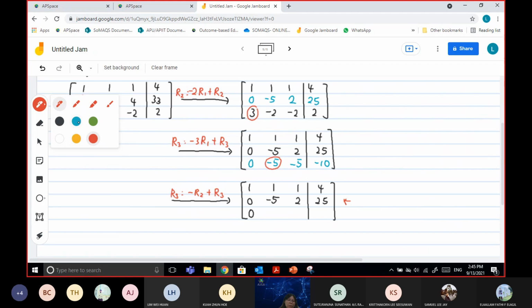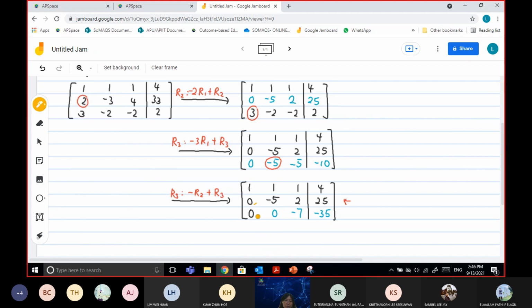Then continue with the next column: 2 times negative is negative 2, plus negative 5, so negative 7. Then for 25, you multiply by negative, then plus negative 10, so you get negative 35. So this is my answer. Now I already have all three values as 0 here.